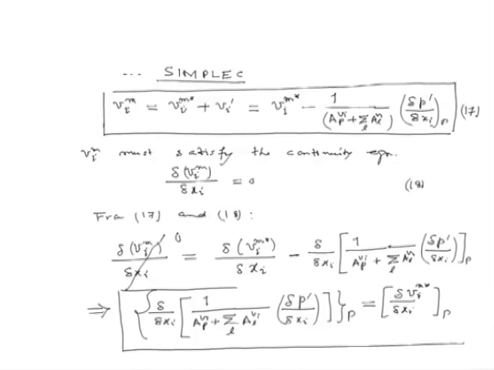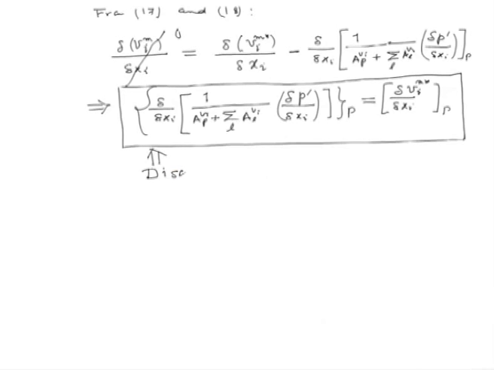This is now the discrete Poisson equation for pressure correction.